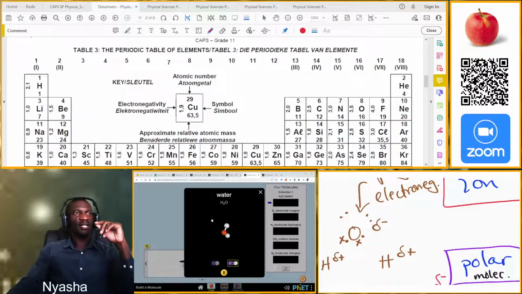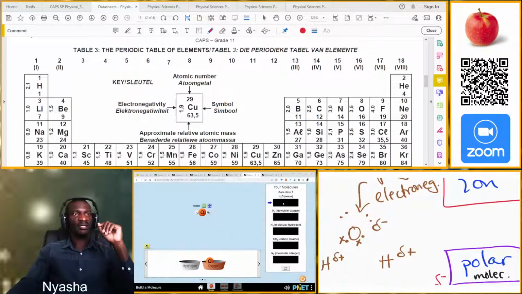And then we have our hydrogens also arranged in that way. So what we are seeing is a model showing our oxygen in the center and our hydrogens on the other sides. So basically that's our water molecule.